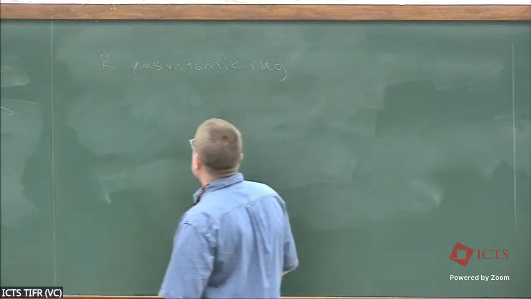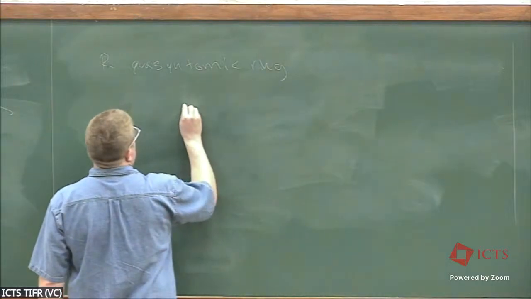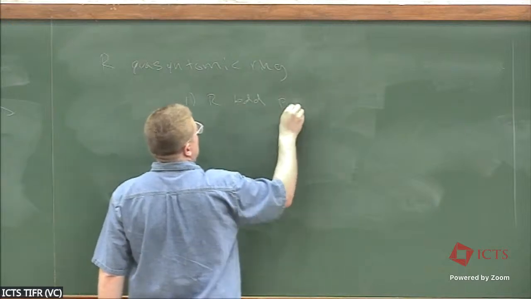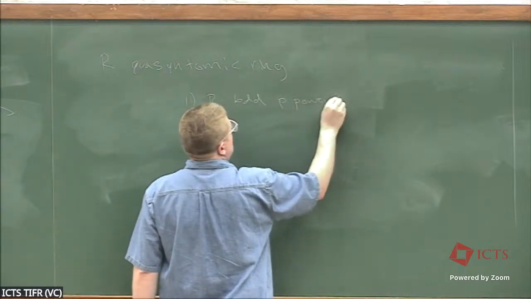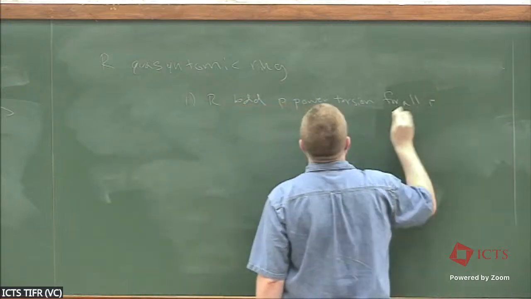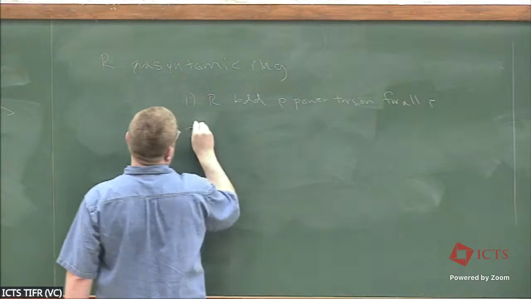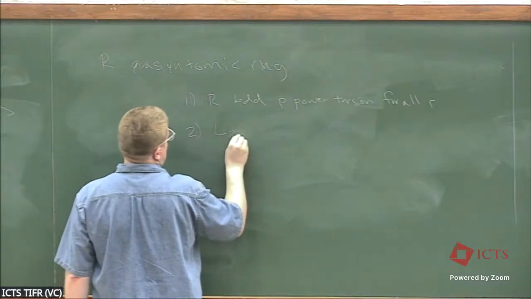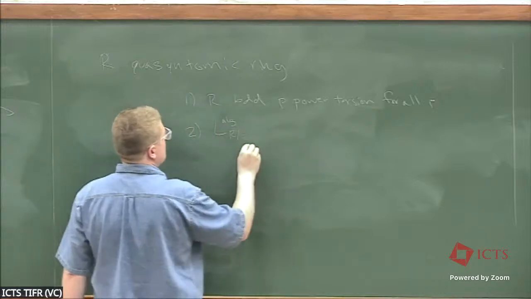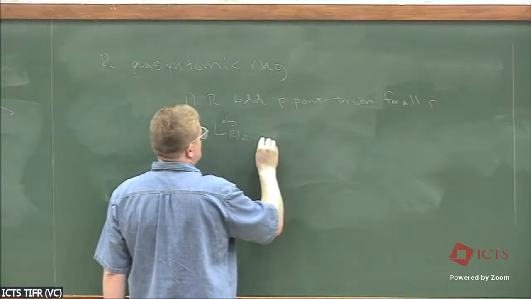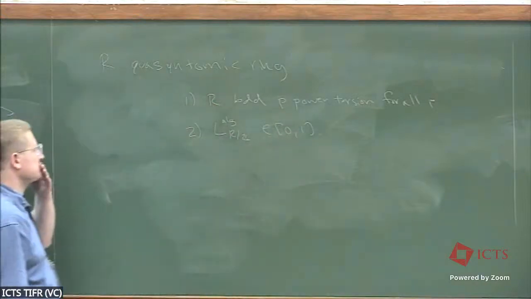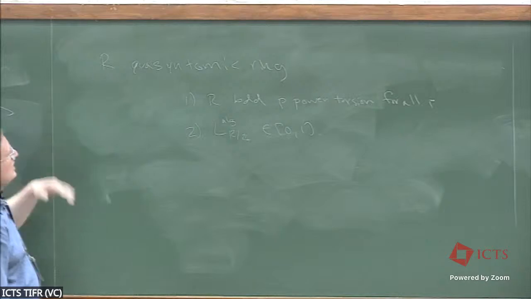But explicitly, you ask that R has bounded p-power torsion for all p. And if you take the derived cotangent complex, then this is concentrated in degrees 0 and 1. But yeah, let me not go into too much detail.